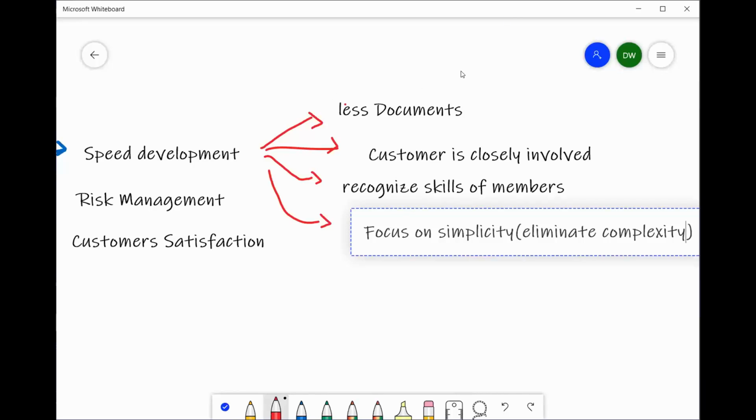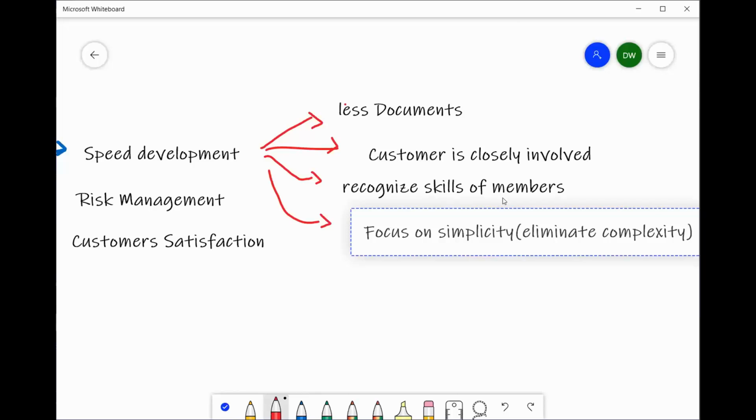So when it comes to speed development, they will follow certain activities given here. These are also called the principles of agile development. As a principle, they use fewer documents. They involve their customers very closely in the development process. They always try to recognize the skills of members.